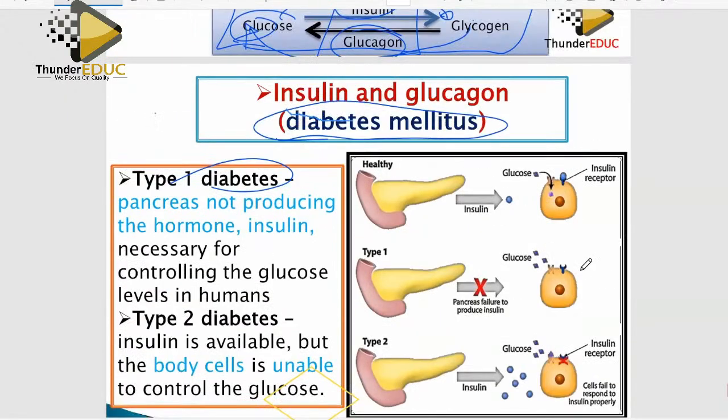So what is the problem with diabetes? It is when the pancreas cannot produce enough insulin, or does not produce it at all. It is a failure of the pancreas to produce insulin, or the insulin is produced but less.